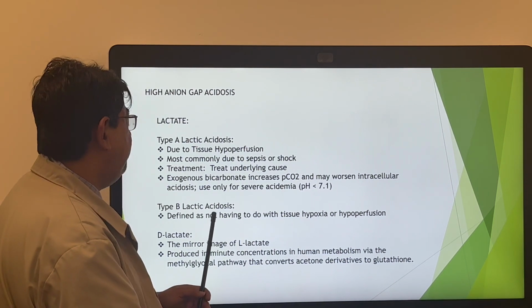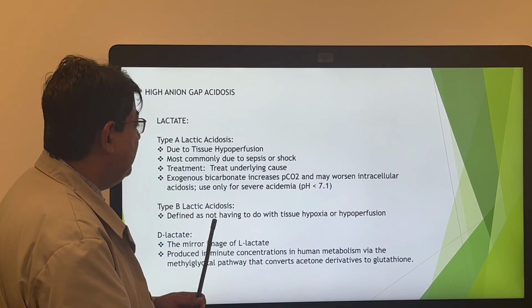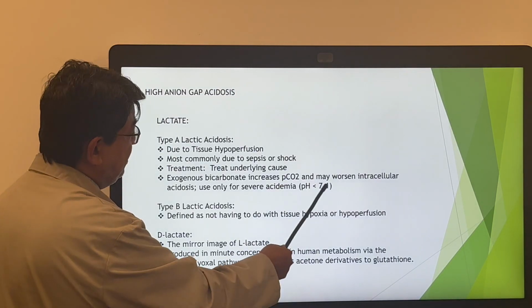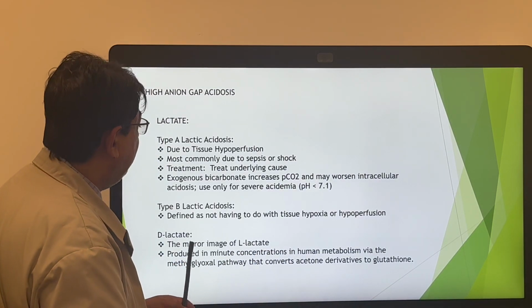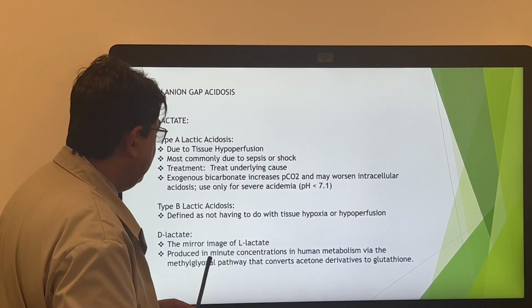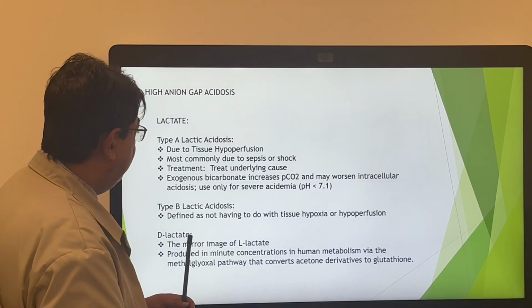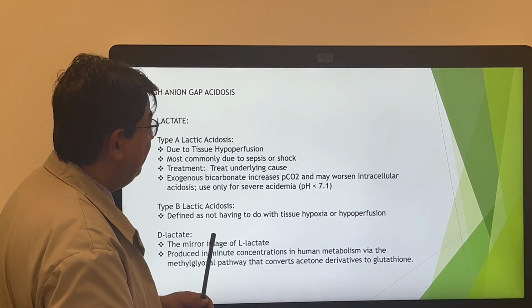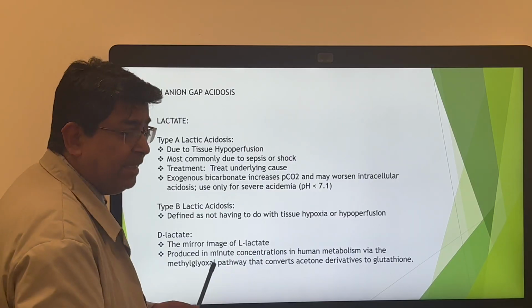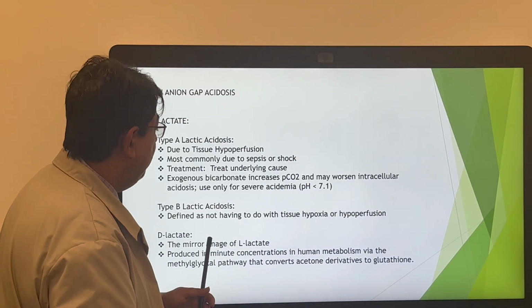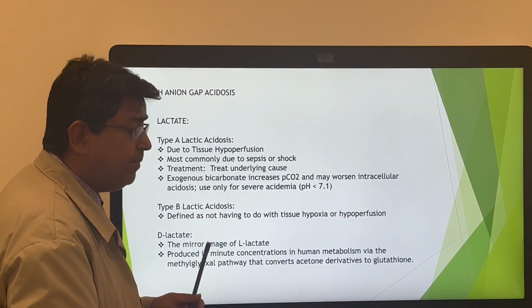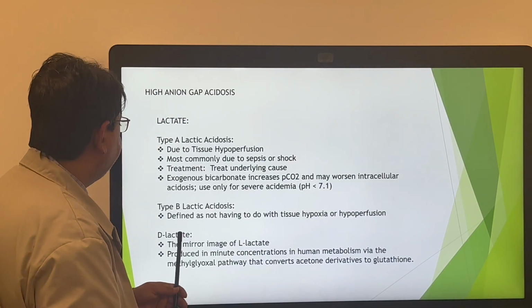So exogenous bicarbonate should only be used for severe acidemia, as in pH less than 7.1. And typically, treating the underlying cause is sufficient to improve the acidosis. But obviously, if the pH is less than 7.1, that's life-threatening. So you will have to provide alkali support, sometimes even dialysis.